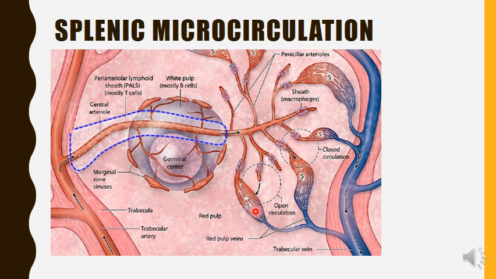The rest is again into the venules and veins as in the closed circulation. If the blood directly goes from the arterioles into the capillary network, then into the venules, this is called closed circulation. So, two theories of circulation in the microcirculation of the spleen are described.